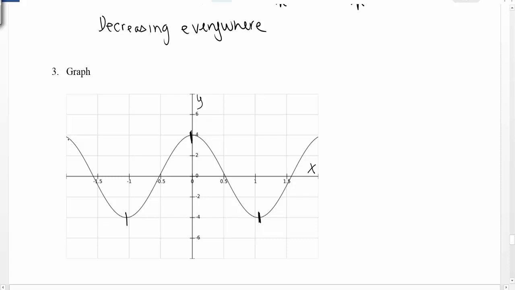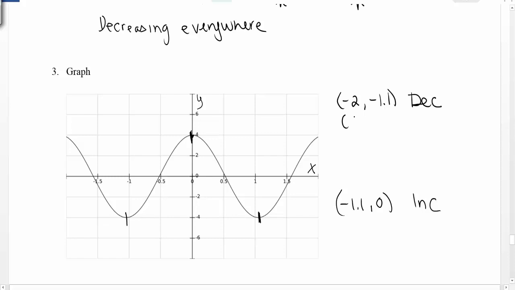So the first interval here is going to go from -2 to about -1.1. So from -2 to -1.1, my function is decreasing because that function's moving downward in terms of the y values as I move from left to right. My next interval, which is going to be -1.1 up to 0, that interval is increasing because it's going in the upward direction as I move from left to right.